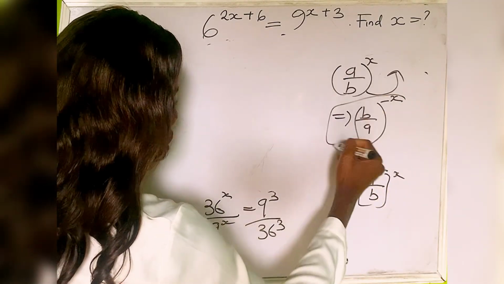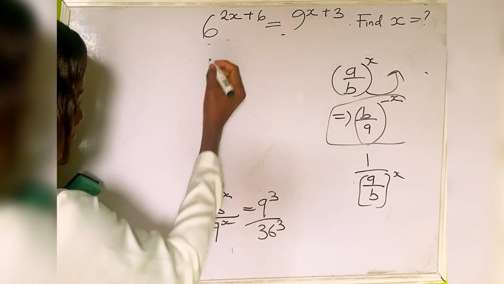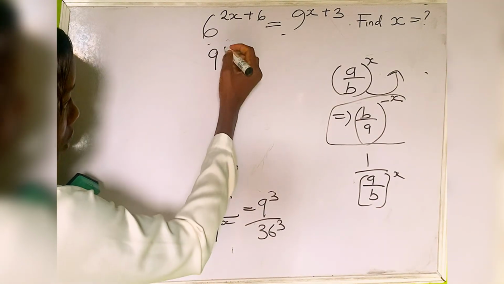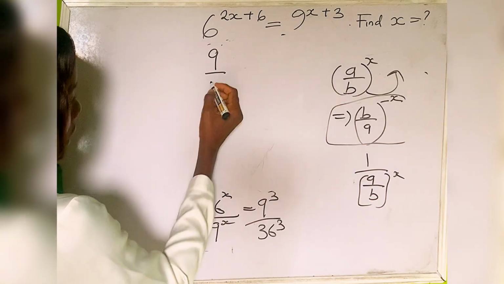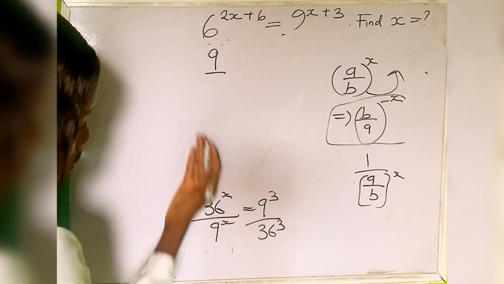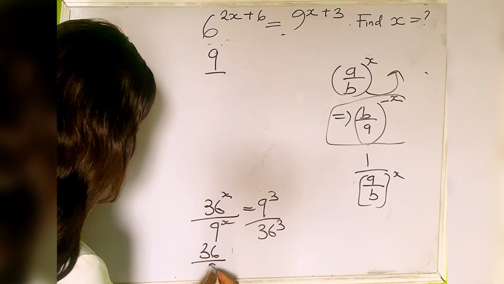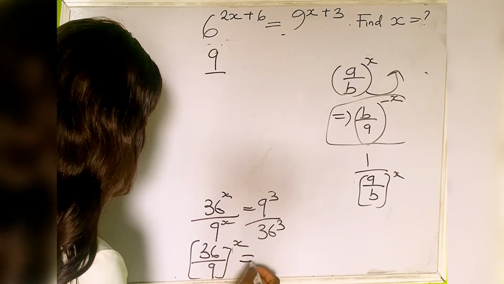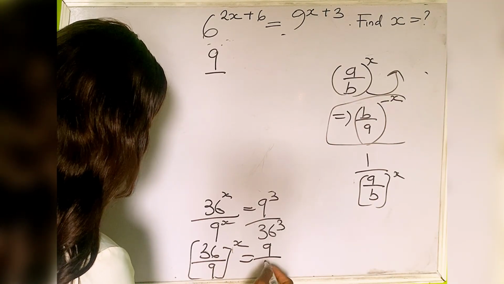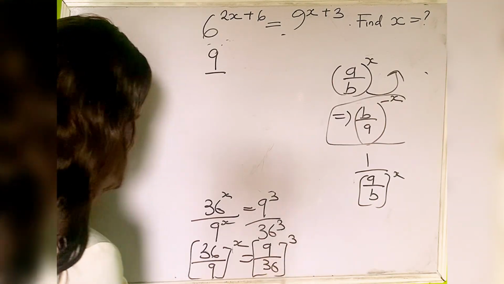But we'll be making use of this one. So let's do that here now. When we invert it, the 9 will come as the numerator. So this would be 36 over 9 to the power of x is equal to 9 over 36 to the power of 3.